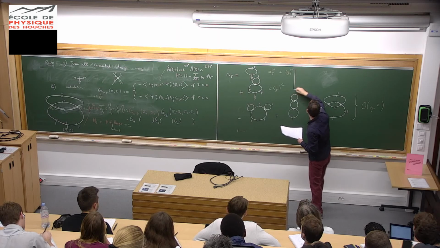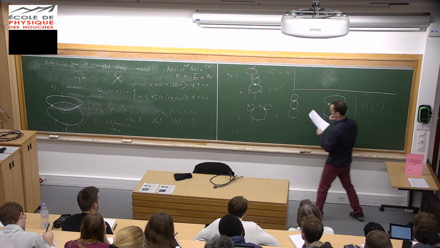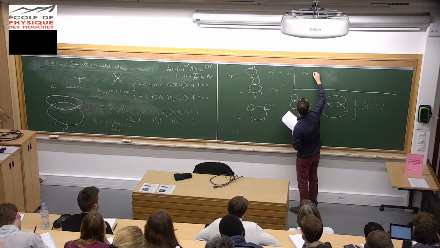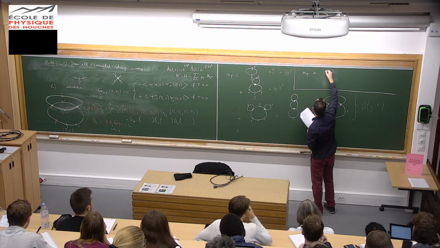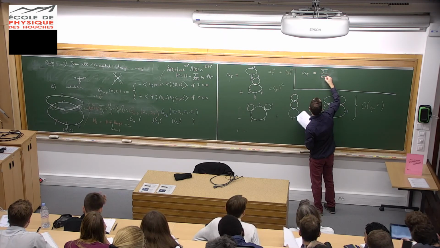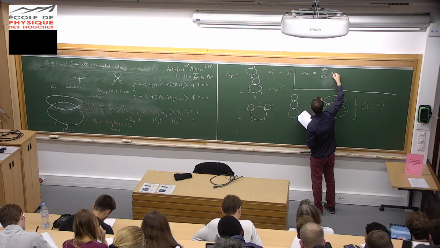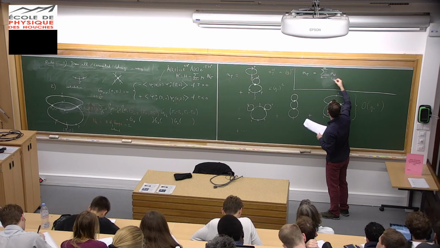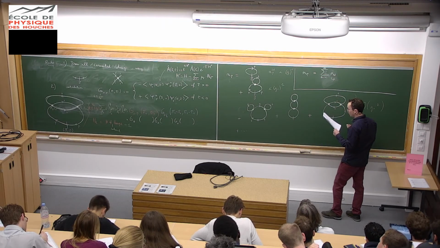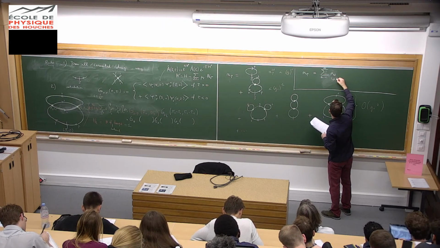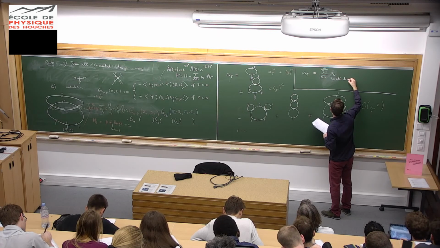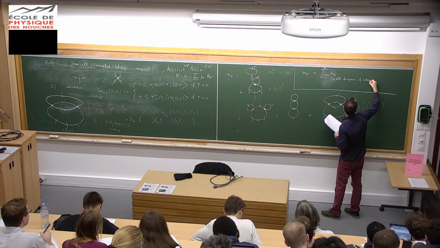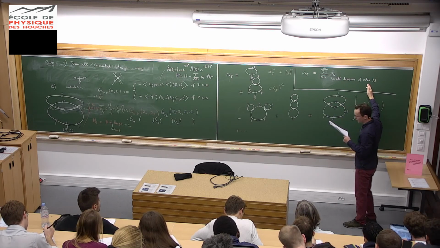So in this way, you see that we have formally a series for our density, which looks like the sum from n equals 0 to infinity of an, where an is the sum of all the contributions of all diagrams of order n, meaning with n vertices.